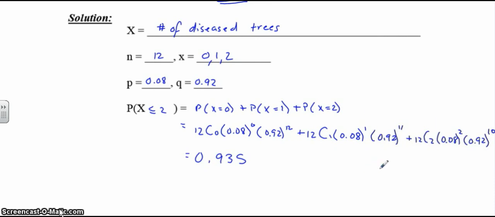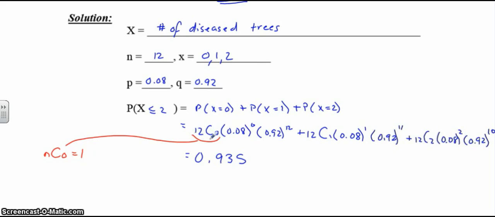So before we end off, there are some shortcuts that you can take in your calculator here rather than typing all of this in. For instance, 12C0. Any number C0 is equal to 1, because that would be the first term of each row in Pascal's triangle, and the first term in every row is equal to 1.